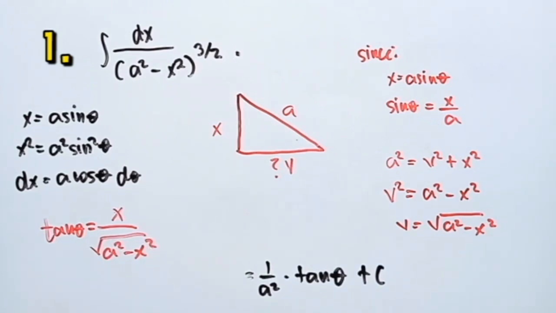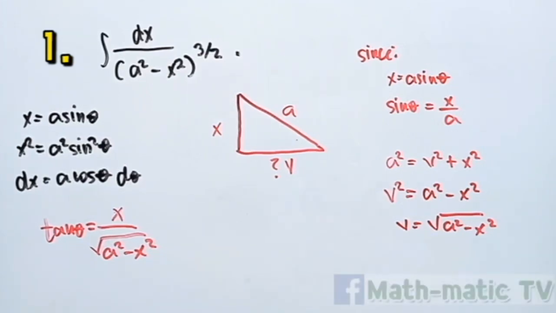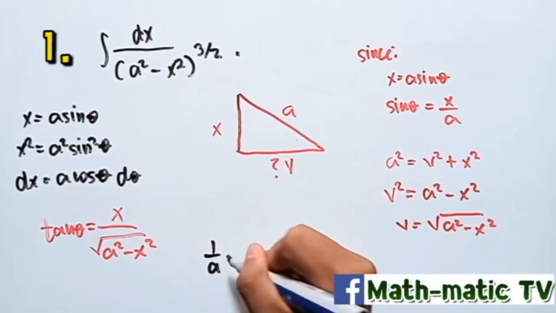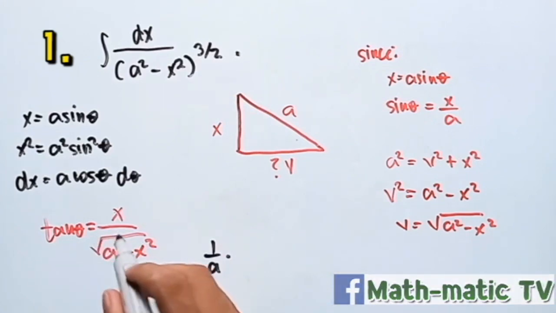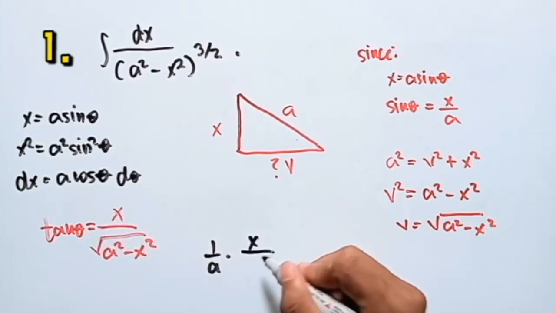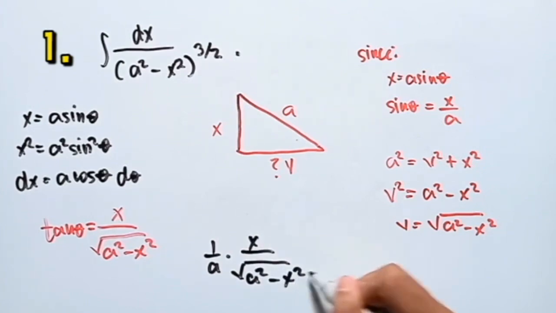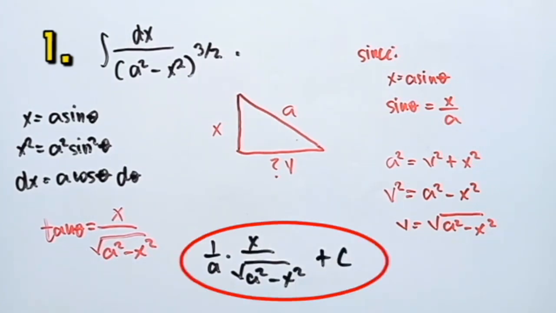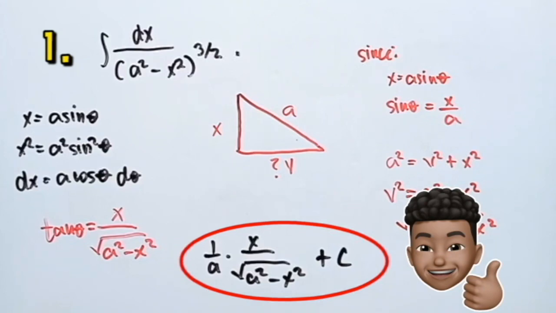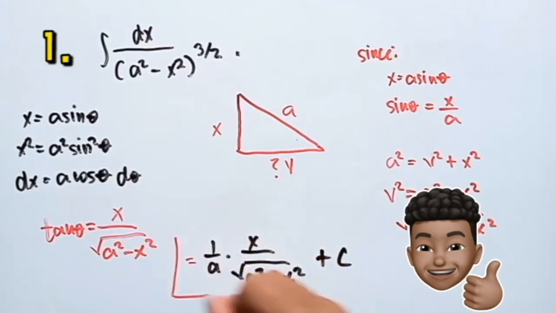Hence, our final answer will be equal to 1 over a squared times tan theta, which is here. So x over the square root of a squared minus x squared plus c. And this is our final answer.